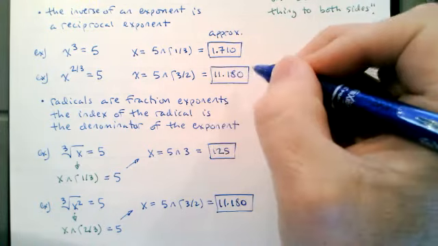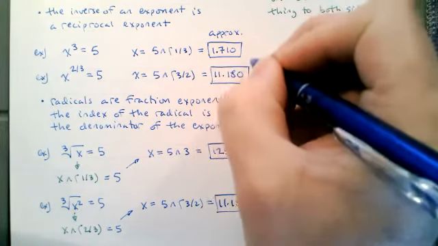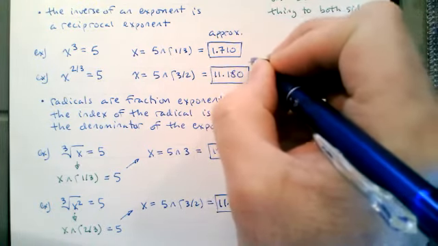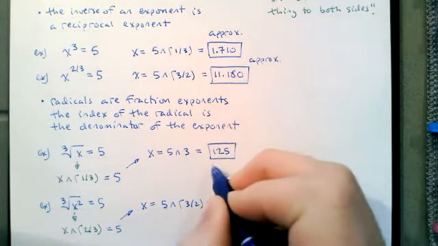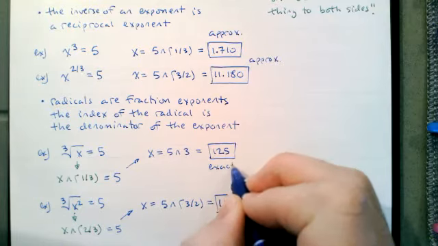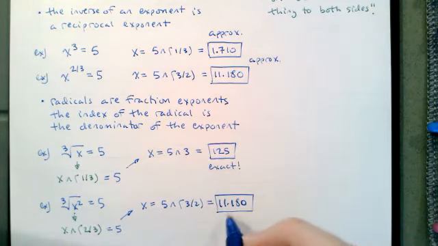The 11.180 is also an approximation. This 125 worked out to be exact, lucky us, and then this is still an approximation. This 11.180 is still an approximation.